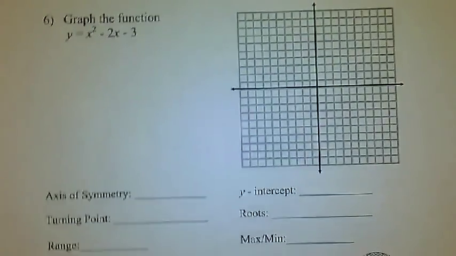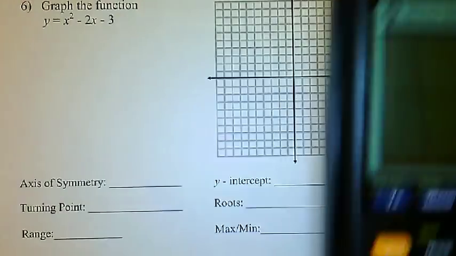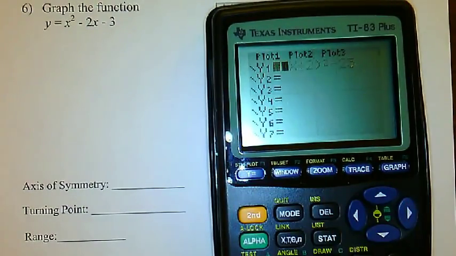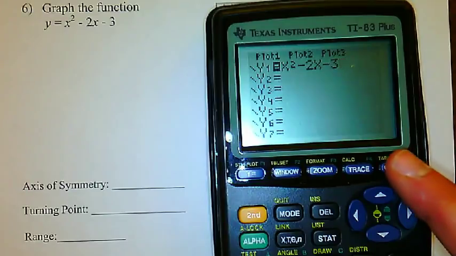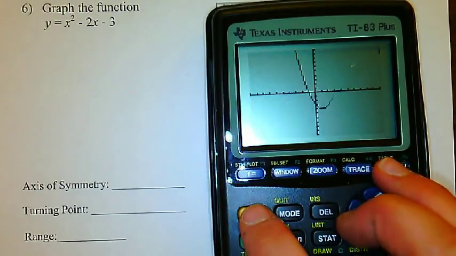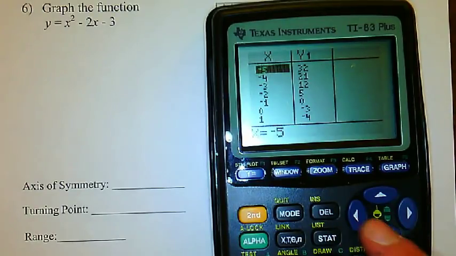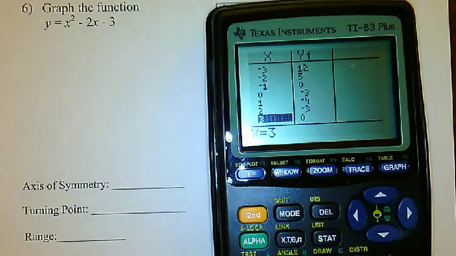Okay, so let's graph one more. And we'll do this together. I won't just show you the work for that one. Okay, so again, x squared minus 2x minus 3. Go ahead and graph that. Now I know I didn't ask you to do the table, but remember, I always recommend that you do the table. Okay, so we'll do x, y.